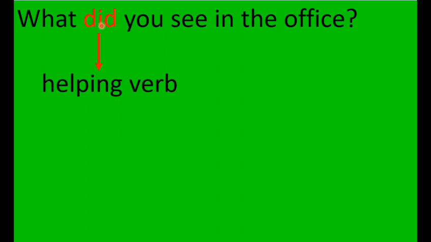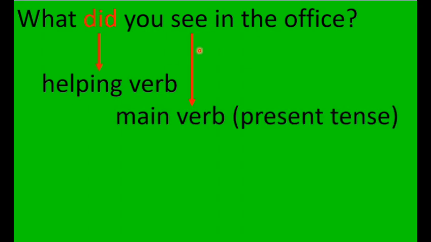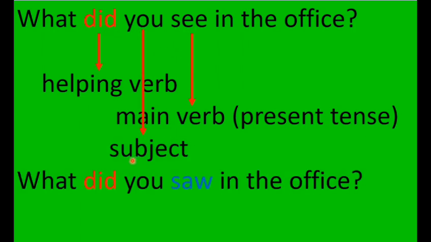Now here, did is our helping verb and see is our main verb in the present tense. Notice, the subject here is always between the helping verb and the main verb. Okay. Now, if you are going to write a sentence like this one, what did you saw in the office? This is a violation also, because did is past tense, saw is another past tense, that is not allowed. So this is wrong.